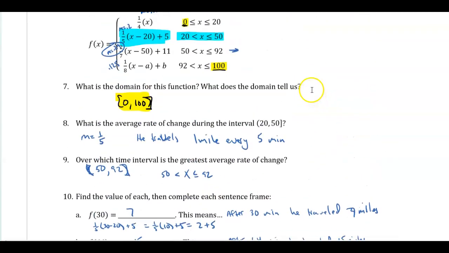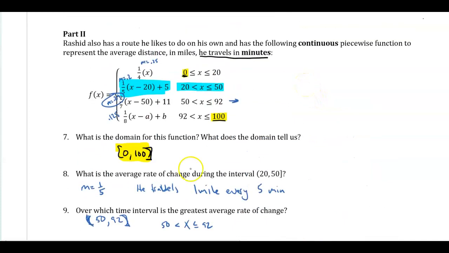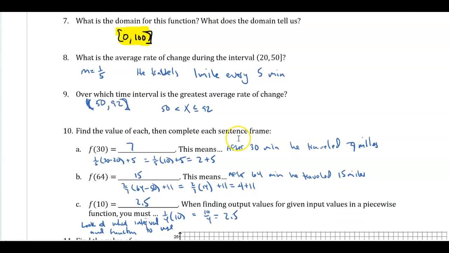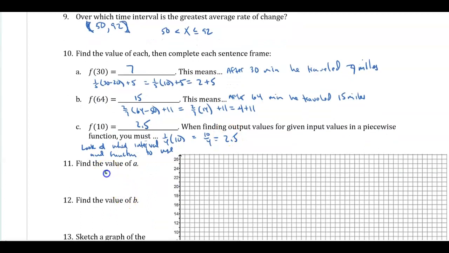All right. So if we had to find the value of a here, what you have to understand is when you go to find the value of a, a is always, if you look here, 20, 20, 50, 50. So right away you notice a is just going to be 92.